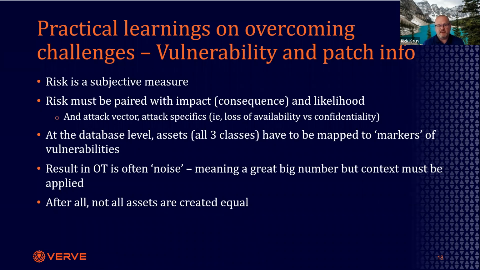I had a question in the last webinar this morning: how do you determine likelihood? Well, there's no real empirical way to say this is more likely to happen than that. However, in your environment, you could probably say, relatively intelligently, that a network-based attack vector on an asset in scope in layer 3.5 of the Purdue model, right near the noisy and potentially problematic business network, is probably more likely than a similar system down in layer 2 of the Purdue model with 3 more firewalls between it on a network-based attack vector.